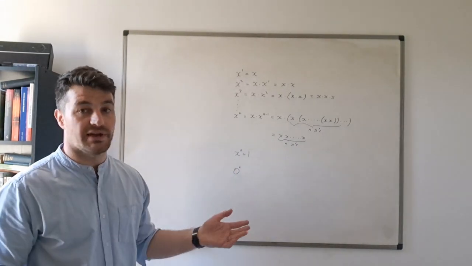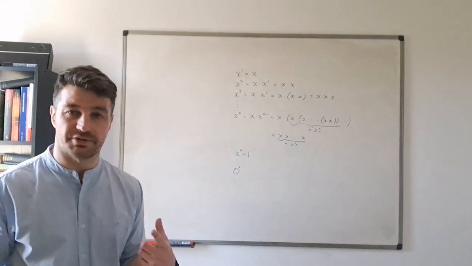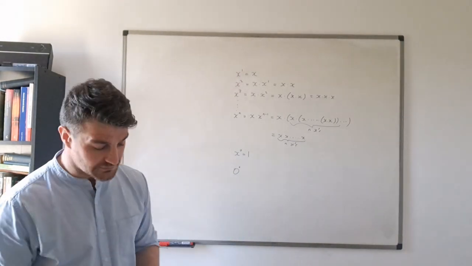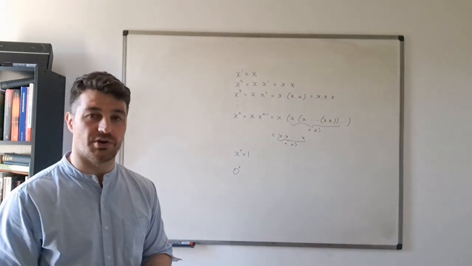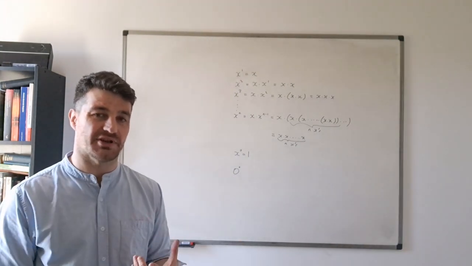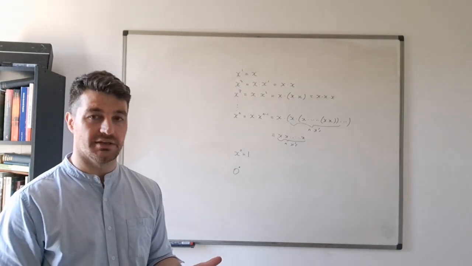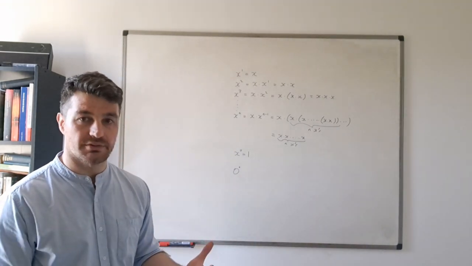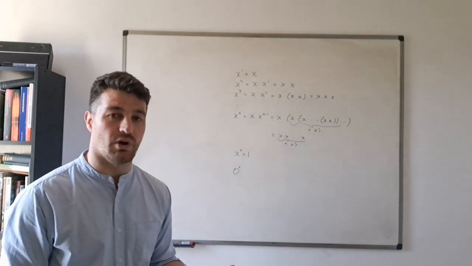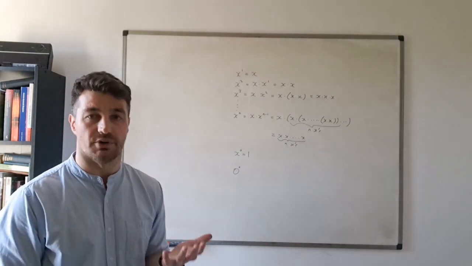Some people leave it undefined, some people define it as 1. And they're the two sensible options to go for. But anybody that says that this is equal to 1 and gives the impression that it can't be equal to anything else, is completely wrong. Anybody that proves that this is equal to 1, well, I don't really understand what exactly they're proving, because you can define it however you want.